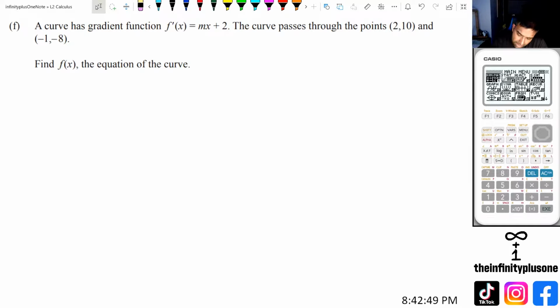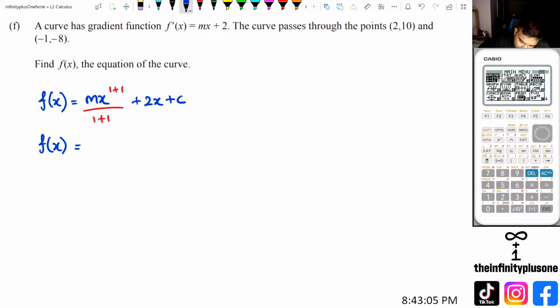Because look, here's what we're going to do. We know that f of x equals mx to the power of 1 plus 1 divided by 1 plus 1 plus 2x plus c. So then we can say f of x equals mx squared over 2 plus 2x plus c.